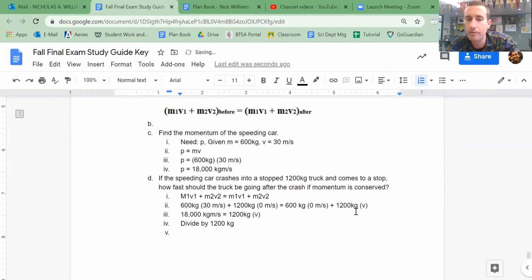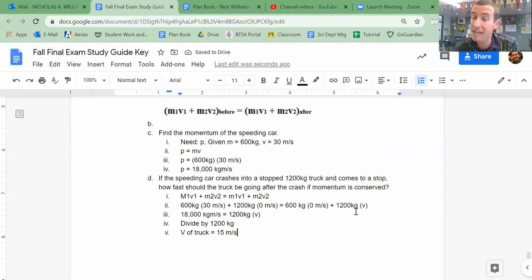That gives 1, so I'm just left with the velocity, which was the goal. 18,000 divided by 1,200 gives me 15 meters per second. So the velocity of the truck is 15 meters per second, which seems to make sense.